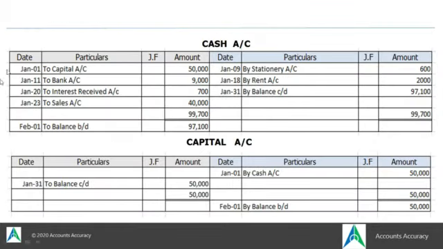Left hand side total is coming 97,100, but right hand side is coming less than 97,100. Its total is coming only 99,700.